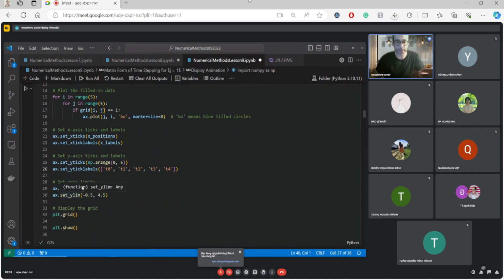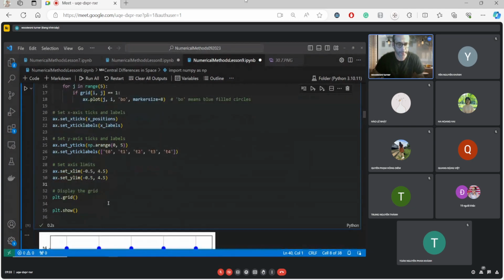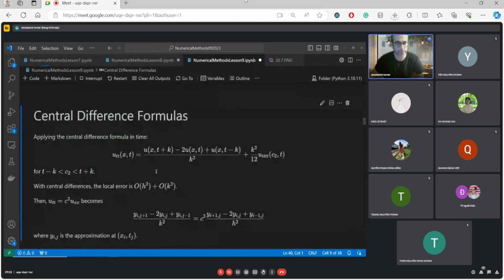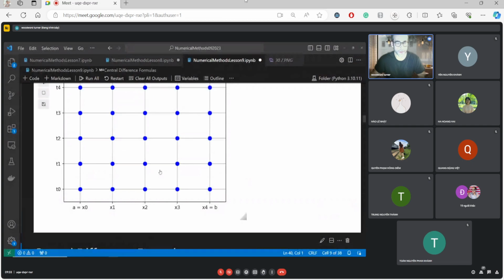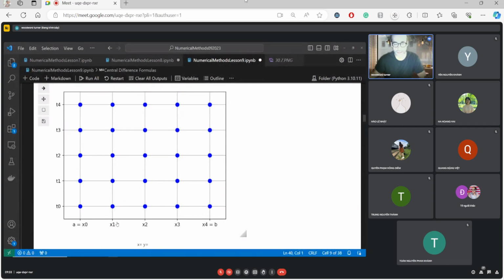B squared is 0, and 4AC is 4 times 1 times negative c over 2, so the discriminant is c squared over 2, and we know that that's greater than 0. That tells us that the wave equation is hyperbolic. So we go back up to here: when B squared minus 4AC is greater than 0 for this second order PDE, we know it's hyperbolic.